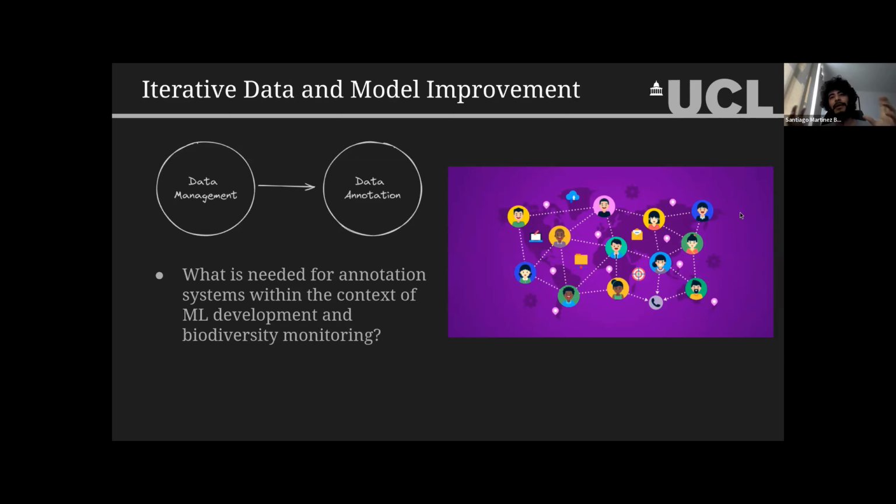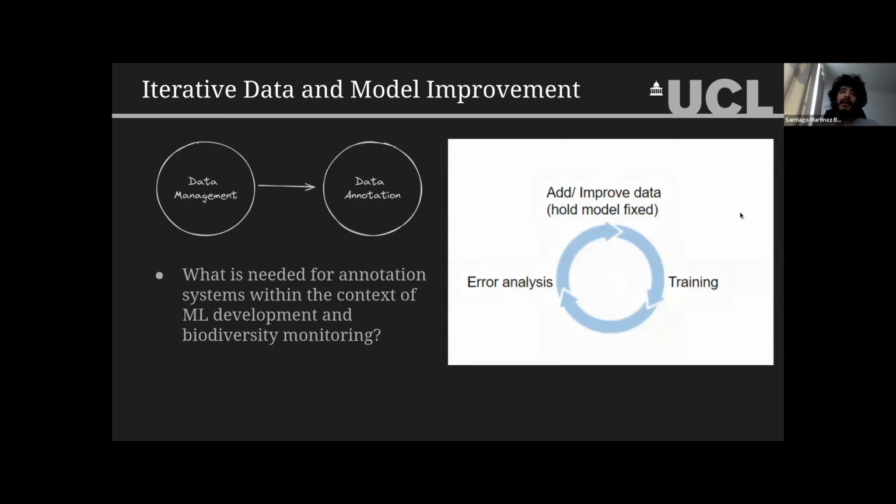So you have to think about data annotation as a collaborative process. And finally, as I mentioned before, it is also an iterative process where you use some annotation, you train a model, you review what the errors were, and then you might identify errors in the annotation or identify different data that you might need to collect.